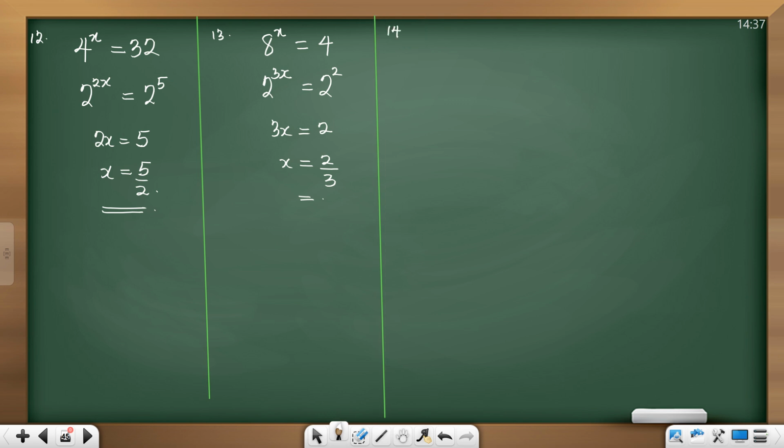Interesting maths. Number 14. I'm going to do something similar. Let's do something similar. Hope we're done writing.